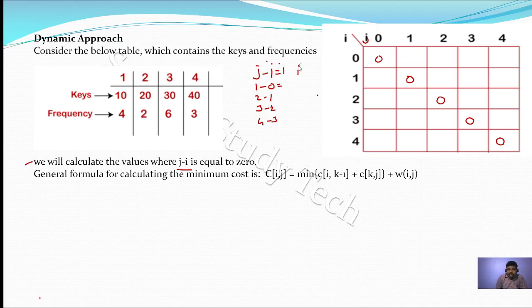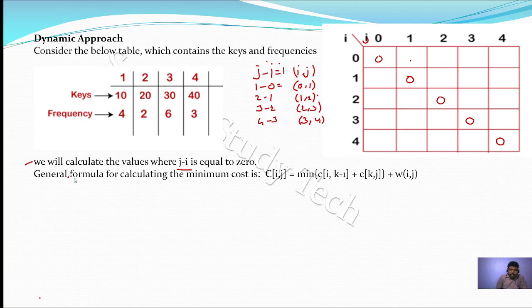That means the i, j values are 0 comma 1, 1 comma 2, 2 comma 3, and 3 comma 4. These are the values you have to find out.